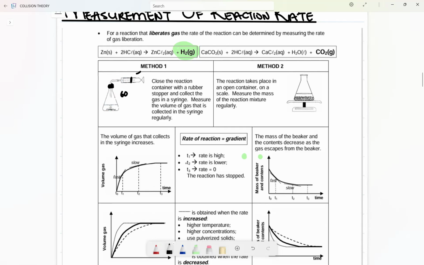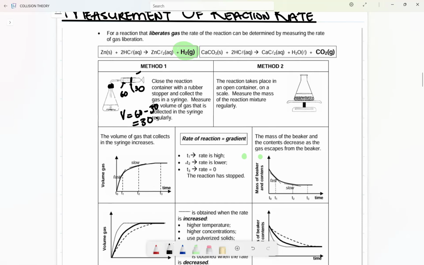Initially the reading is here, and let's say at the end it is 8. It has stopped at 8. Now this will tell us the amount of volume that is produced, which is 60 minus 8.